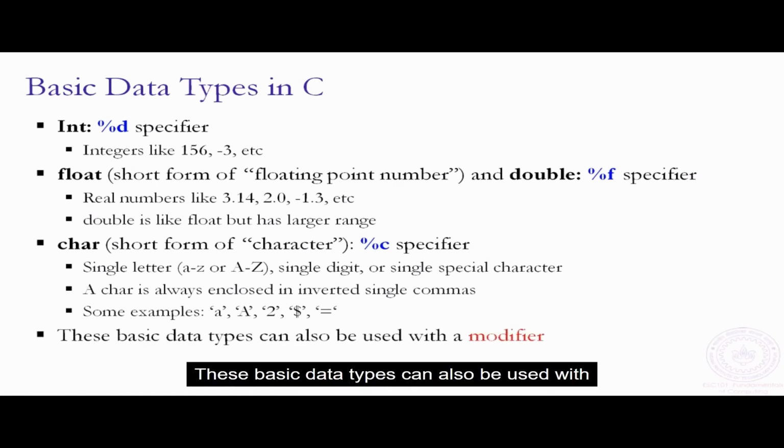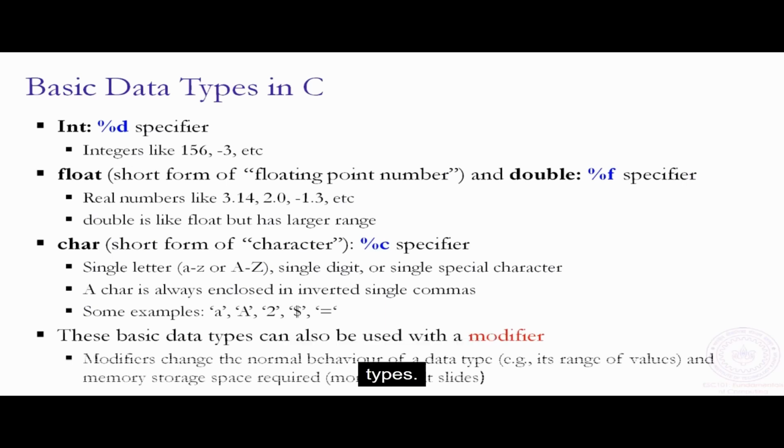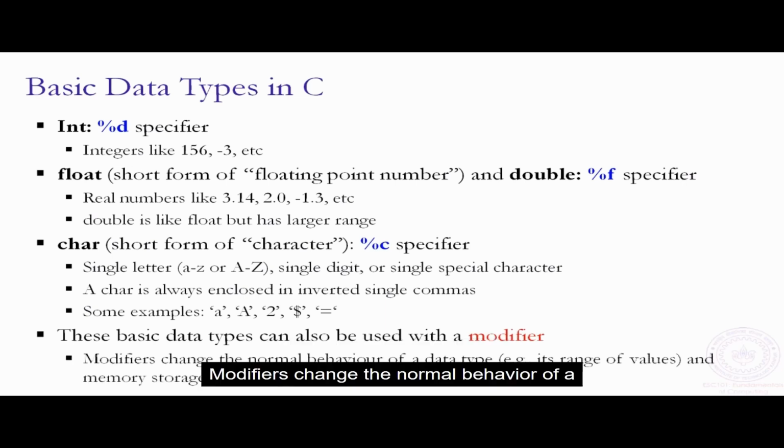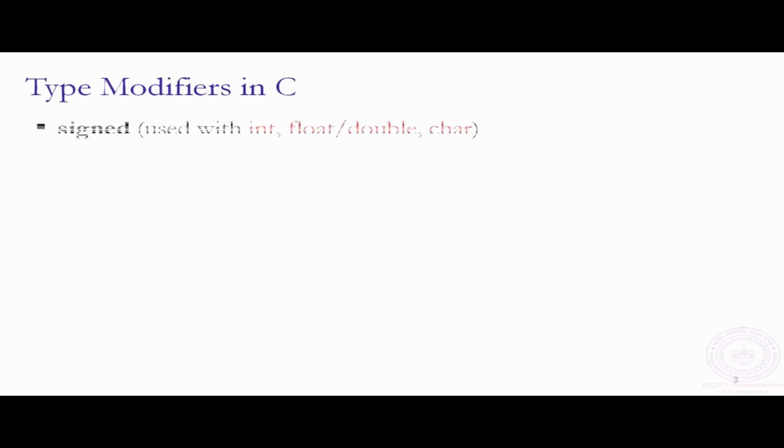These basic data types can also be used with some modifiers, which ends up giving us a large library of derived data types. Modifiers change the normal behavior of a data type and the memory storage space required to store it.